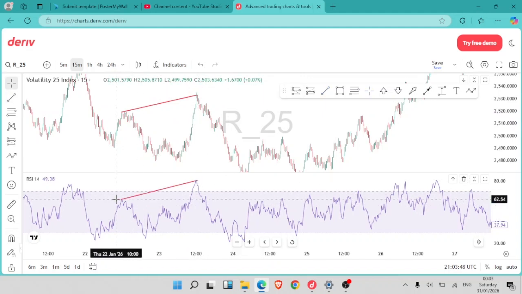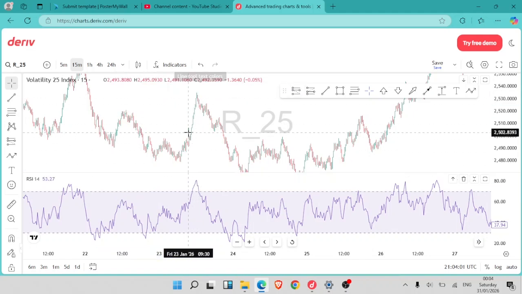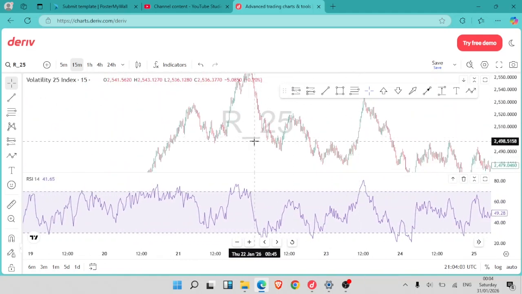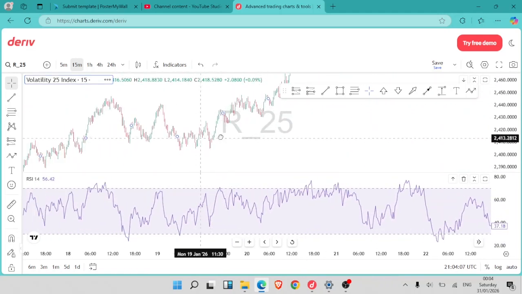For example, at this level you can see higher low, higher high, higher low, higher high. But there are instances when price is forming higher lows and higher highs, but the RSI is doing the opposite. Let us get an example for a bearish scenario.